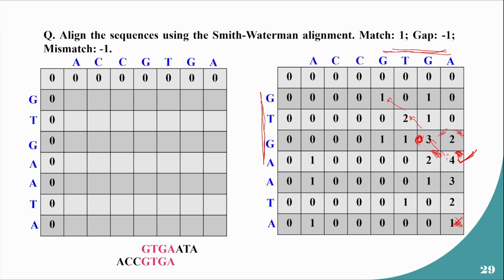If it was 0, then 0 plus 1 gives a max score of 1, and the other ones are also giving you 1. In that case, this grid is not the highest value grid. Then you have to start from the 3 here, I guess, because if it was 0, then 3 would be the highest value grid. That changes the entire direction of the alignment again.